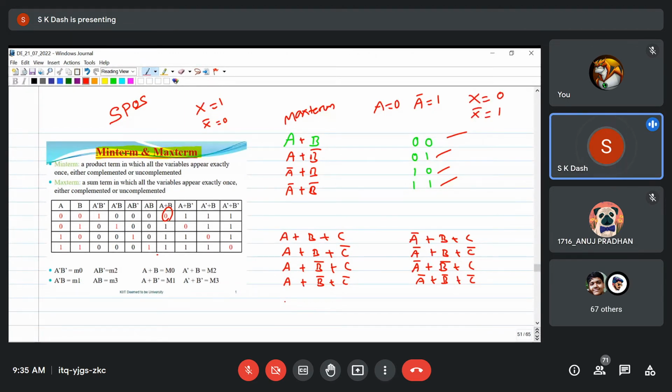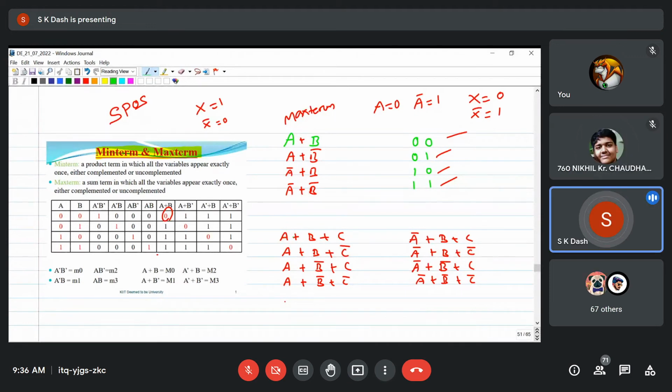Okay. So now, let us extend this to 3 variables. Now, it is A plus B plus C. So for which combination will your output be 0? A is not in complement form, so what will it be, 0 or 1? Just check this and tell.